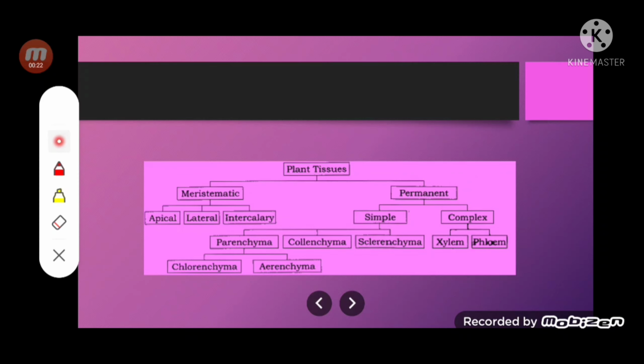Meristematic tissues include apical, lateral and intercalary meristematic tissues, whereas permanent tissue includes simple permanent tissue and complex permanent tissue. So in today's class we are gonna focus on parenchyma, collenchyma and sclerenchyma. Complex tissues we will again study in our next video.